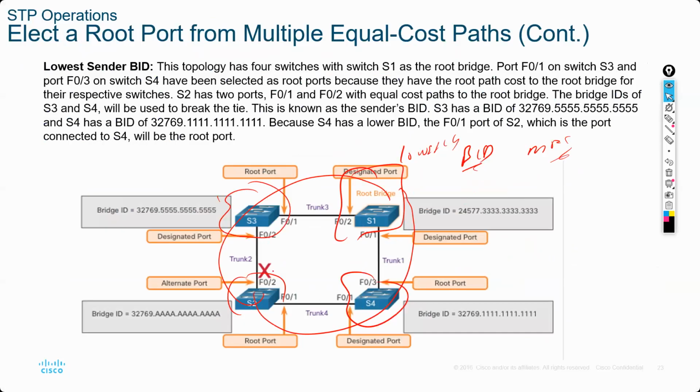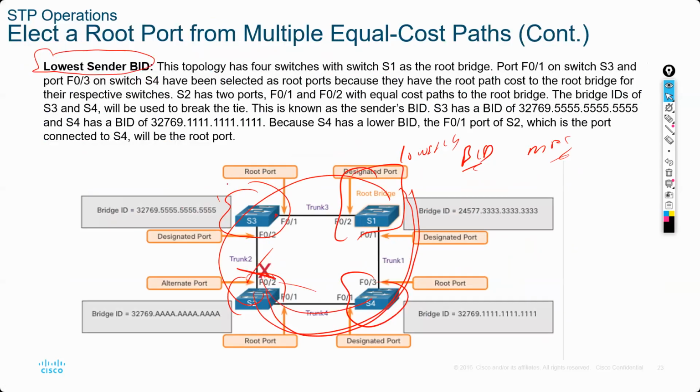So the switch will decide to go through the one that has the lowest bridge ID and block the other side. That is when it's considering the lowest sender bridge ID. If I pass through this guy, what is his bridge ID? If I pass through this guy, what is his bridge ID? When you have a tie in this kind of scenario, this is how the switch will break the tie.